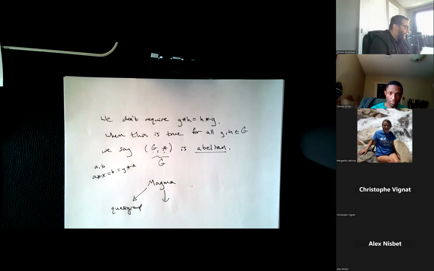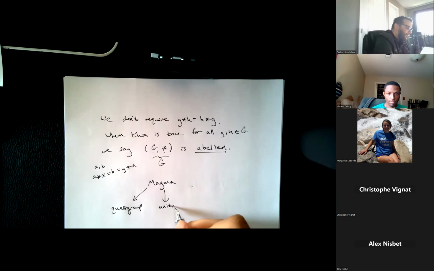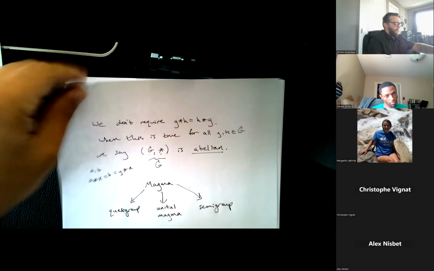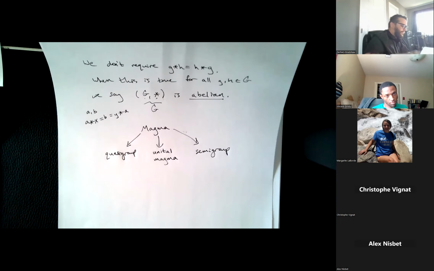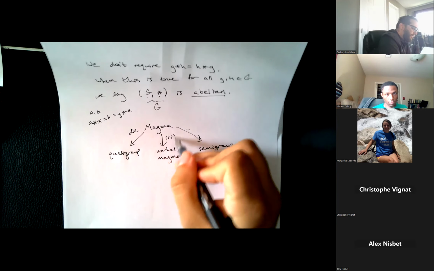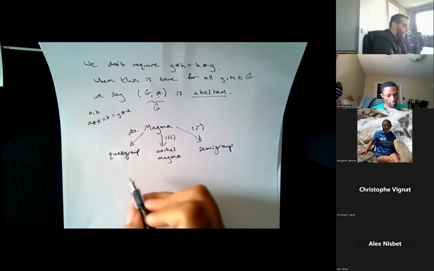On the other hand, instead of that, you could add property 2, which is the existence of an identity. Then what you have is a unital magma. You could also give the magma associativity. Then what you have is a semigroup. So this is divisibility, this is property 2, this is property 1.